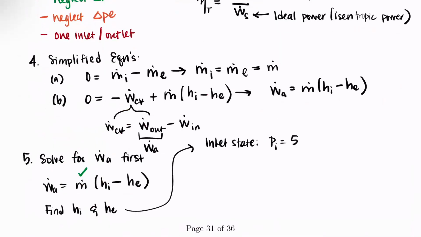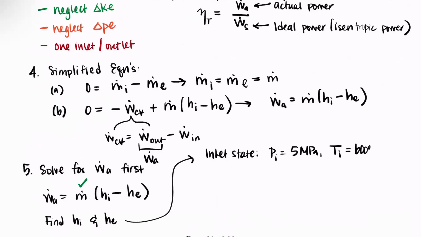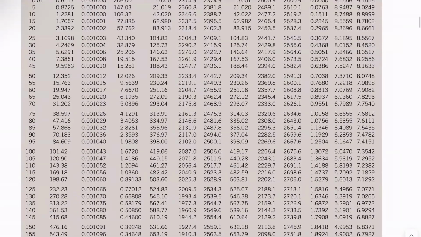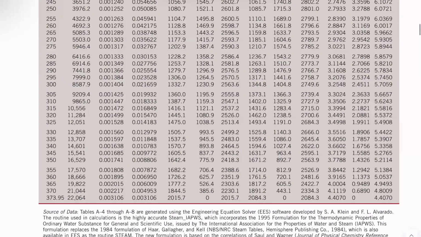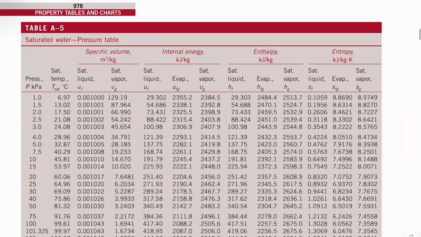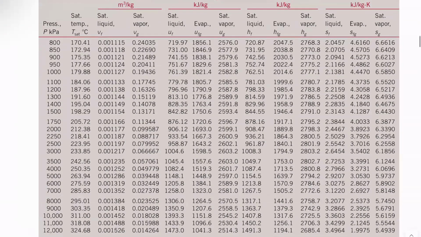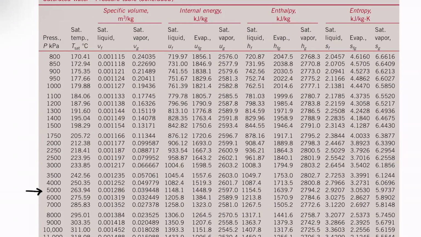P_i is 5 MPa and T_i is 600 degrees C. For 5 megapascals, we're looking here, and we know that T_sat is 263.94, but we have a temperature of 600 degrees C. So what does that mean about our state?